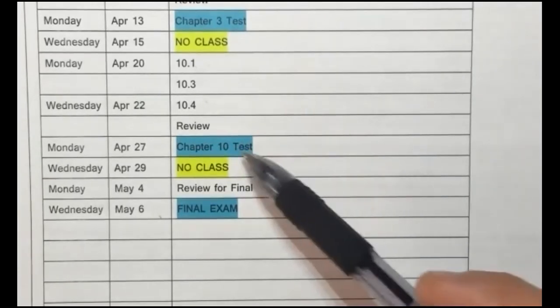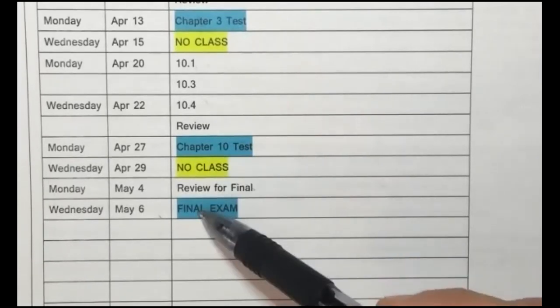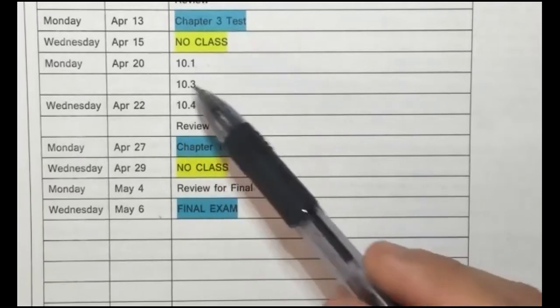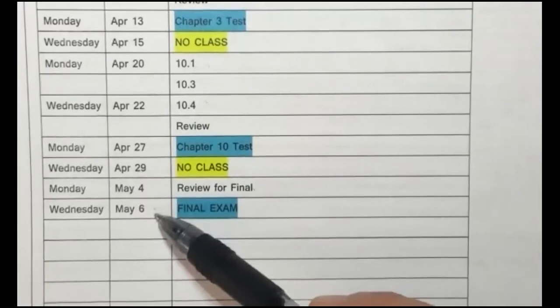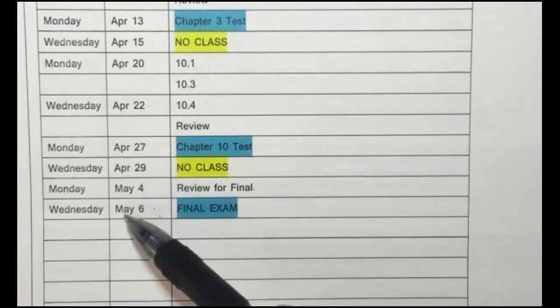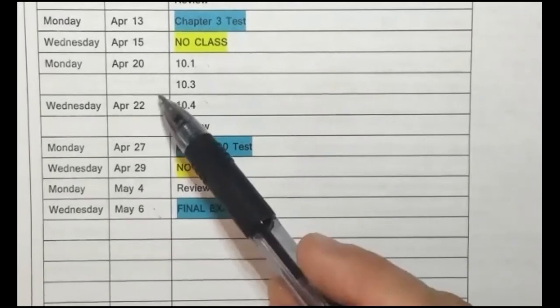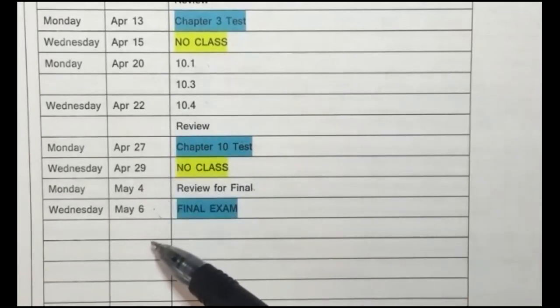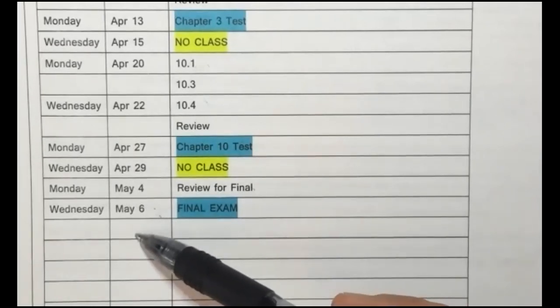I believe right now, even your review for your final and your final exam are all unlocked. So you work at your pace. All I'm telling you is that by May 6th, there will not be an extension beyond May 6th. Everything has to be done by May 6th. You can't email me May 7th and say I didn't have time for whatever reason. Everything remaining in the class must be done because I have to submit your grade early in the morning, May 7th.